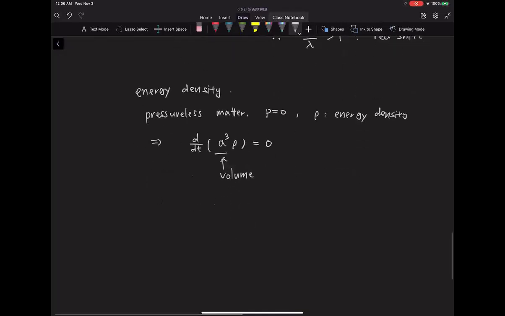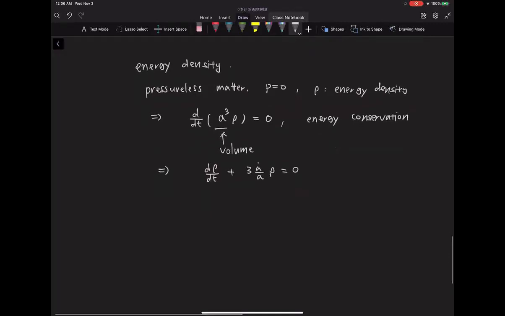Then from the energy conservation, we found that the time derivative of the energy density changes due to the change of the scale factor. So this is the Hubble parameter.